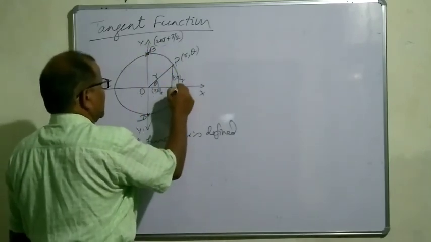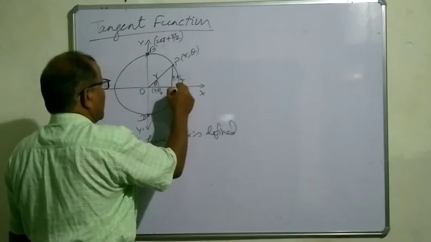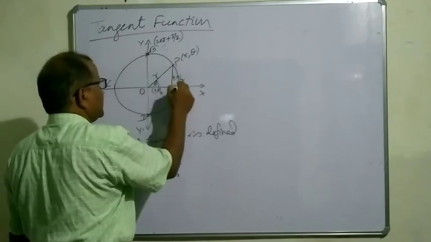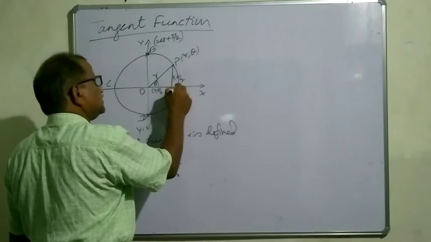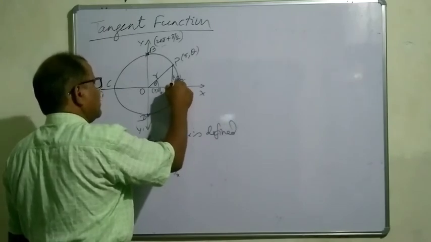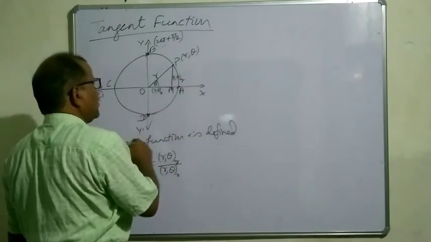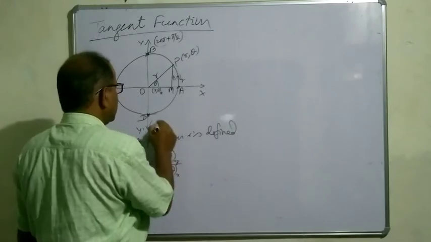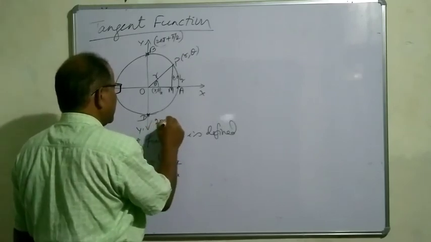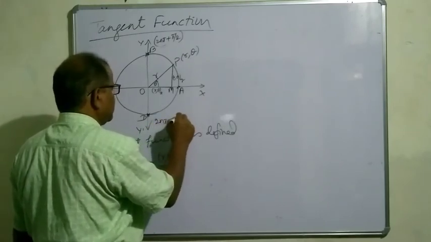Yes, similarly, this point is 2n pi minus pi by 2, right?